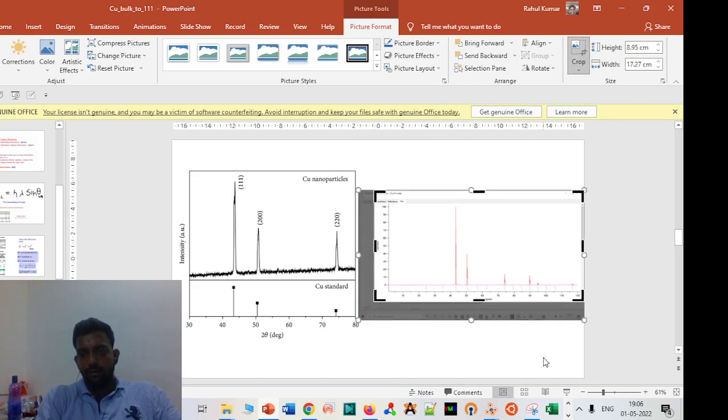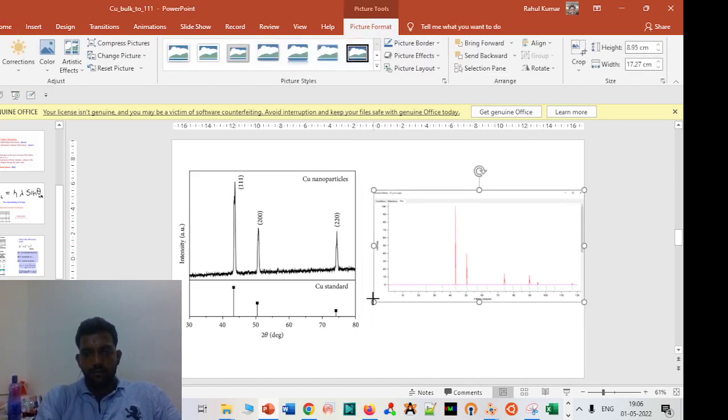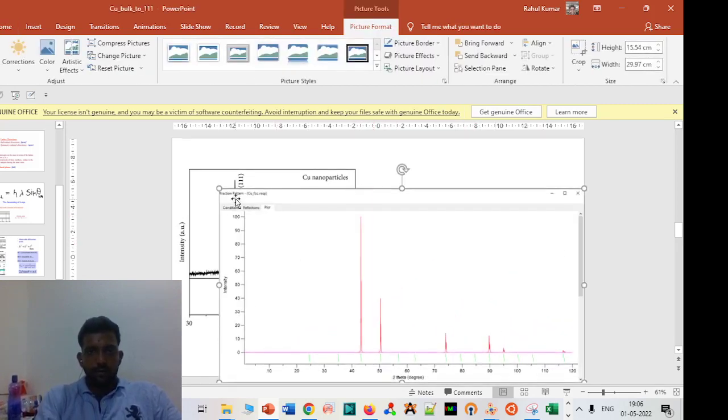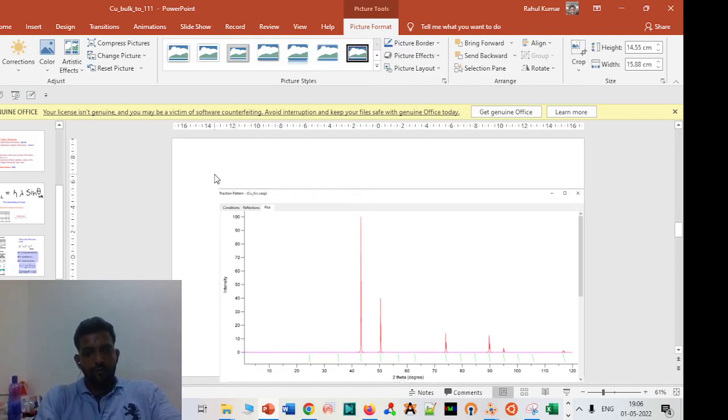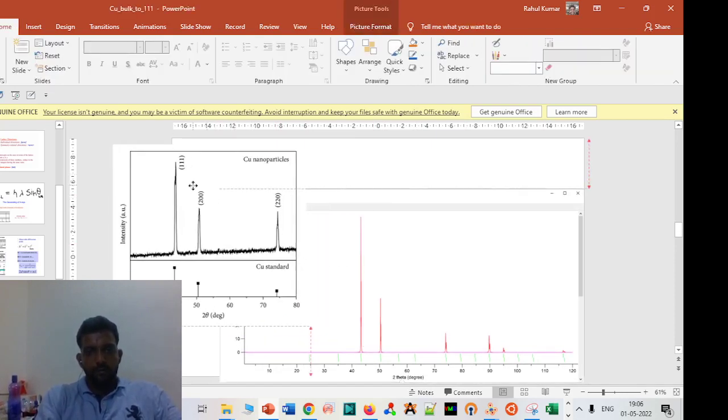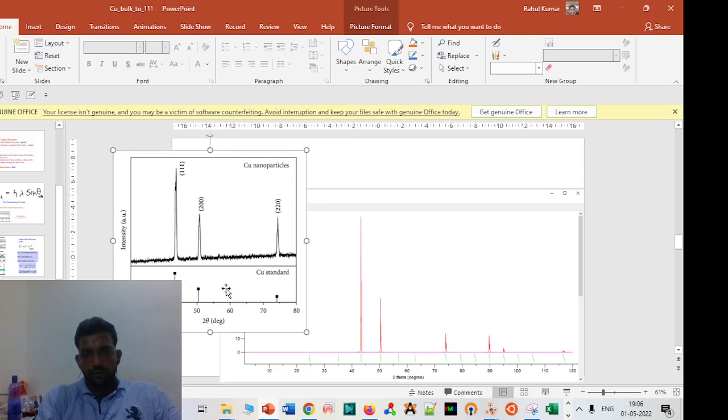The simple way you can see it, let me make it much bigger, and I will just move it to the front. Okay, so simple, around 40 to 50 you will have a peak. Basically it is around 45. So this is the 111 plane, the other will be the 200 plane, and as hkl is all even, that's why we are seeing the reflection.